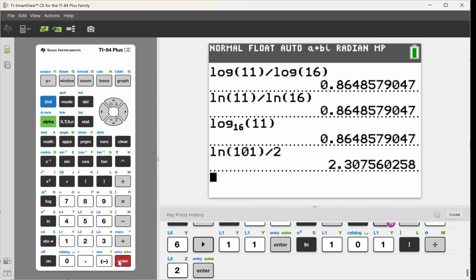And I get 2.31. If I round off to 2 decimal places, I'm going to round the 0 off. The number to the right of that 0 is 5 or bigger, so I'm going to round that 0 up to 1. So it's going to be 2.31.